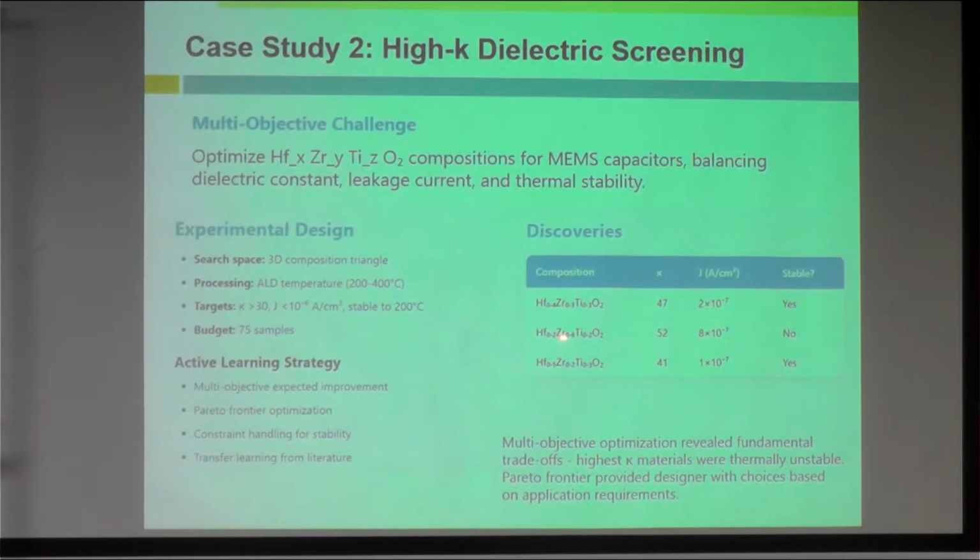Another composition of hafnium gives kappa at 52, and another composition gives kappa at 41. This multi-objective optimization revealed a fundamental trade-off: the highest kappa materials were thermally unstable, and the Pareto frontier provided the designer with choices based on application requirements. So you can tailor accordingly to what it will be used for.